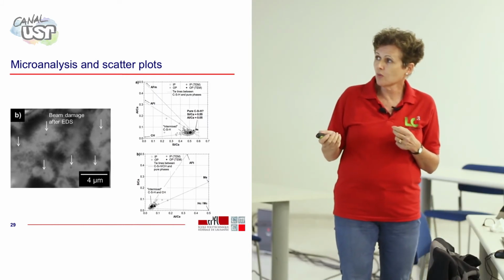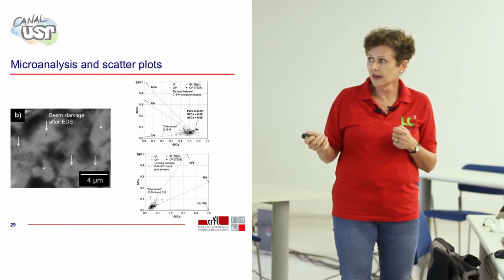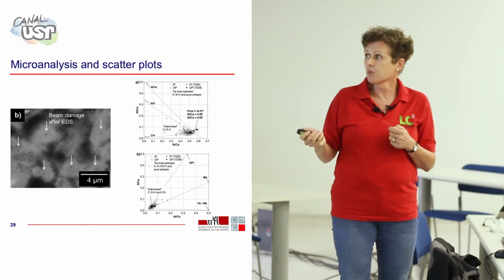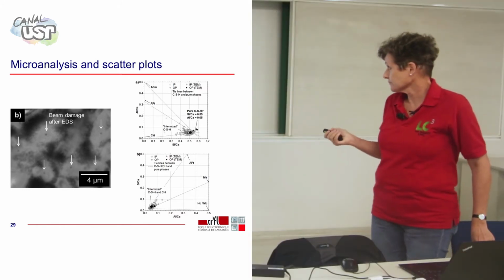On this one, we see this cluster here, which is the CSH, and then points that lie on this line here will be mixtures of CSH with calcium hydroxide, and then points going up here will be mixtures of CSH with either ettringite, AFt, or AFm monosulfate.